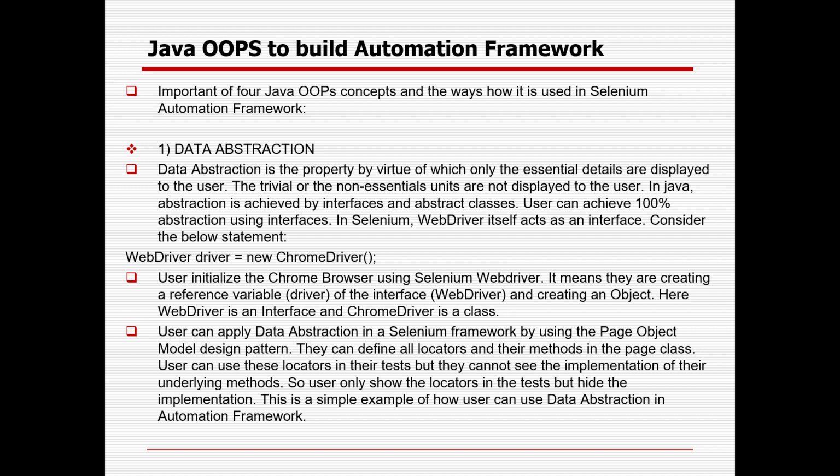That is the reason you need to take the help from the Chrome driver, because in Java it is not possible to create an object or instance of an interface directly. You need to take the help from the class.